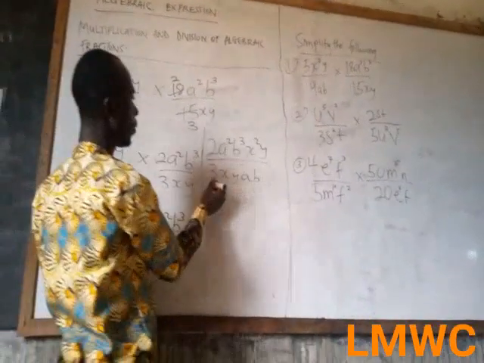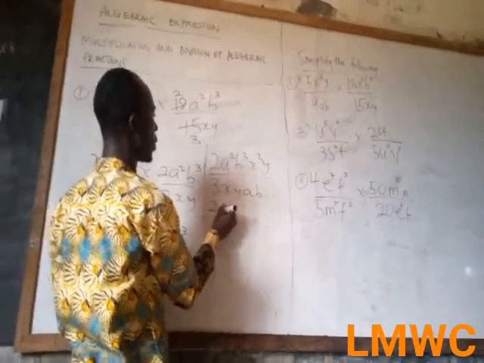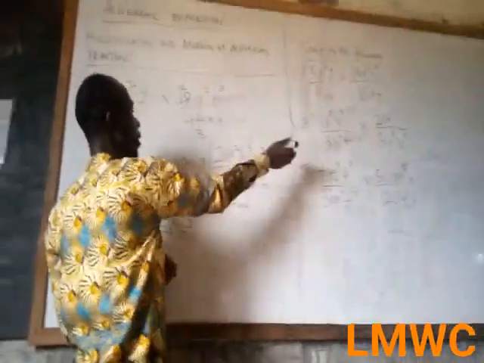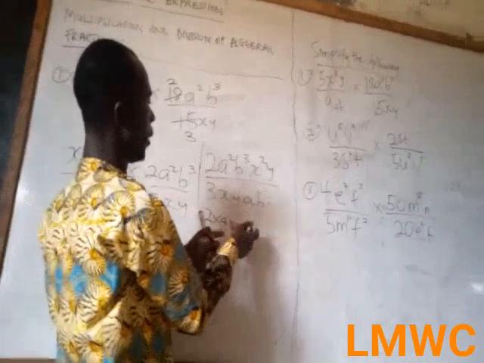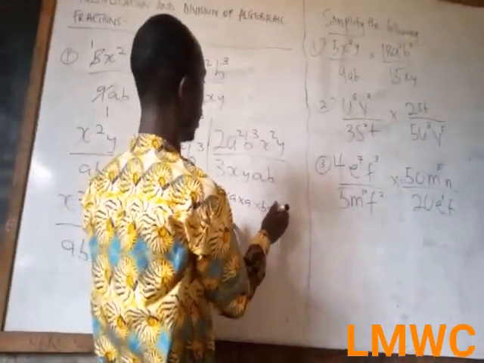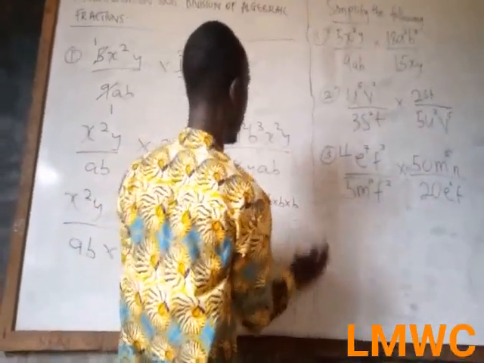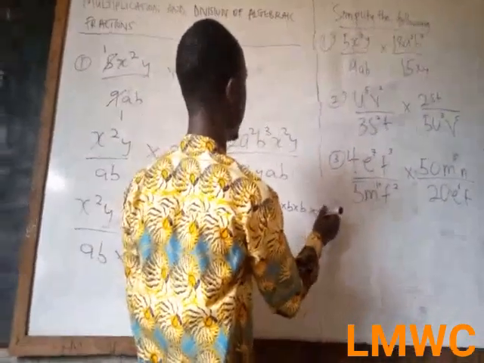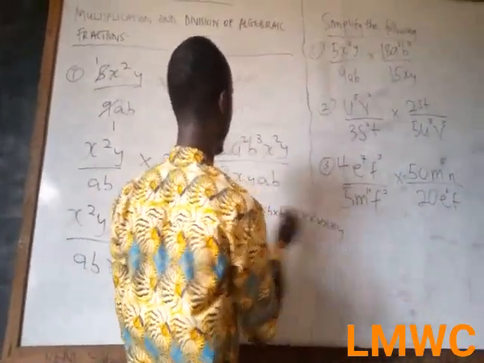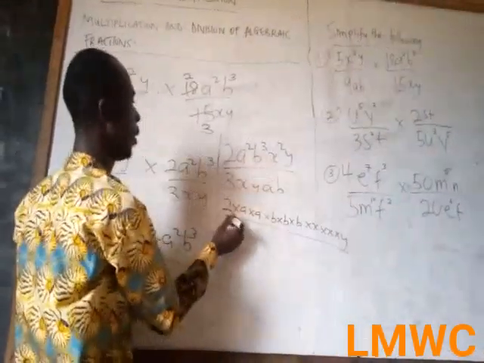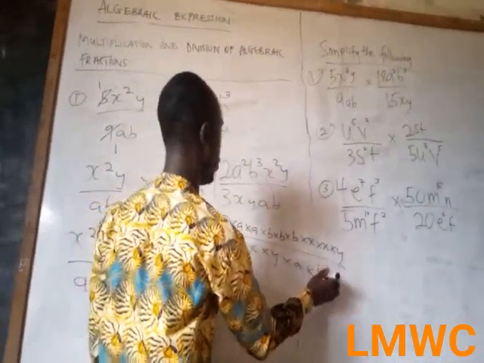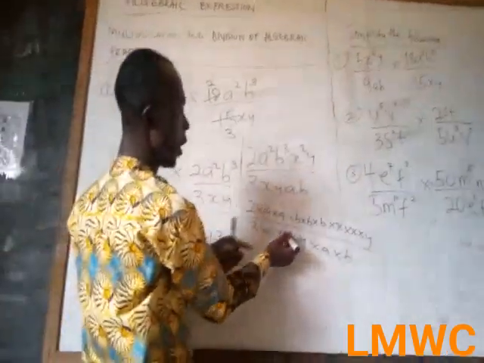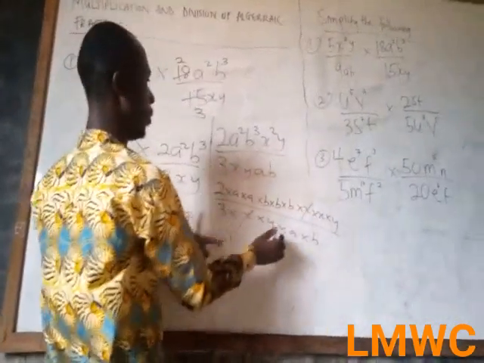Now you simplify this one. So we have 2 times a times a. You can expand or you can use indices, so I'll solve both approaches. So 2 times a times a times b times b times b. Now I'm expanding it. Times x times y over 3 times x times y times a times b. So we have x and this will cancel this.